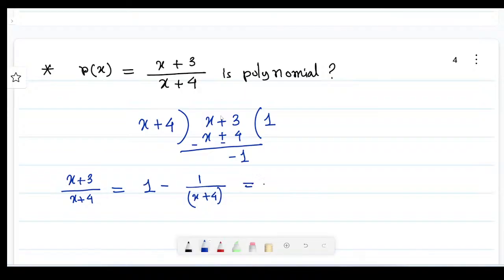So that is 1 minus x plus 4 whole to the power minus 1. So here we get a negative power. So it is not a polynomial.